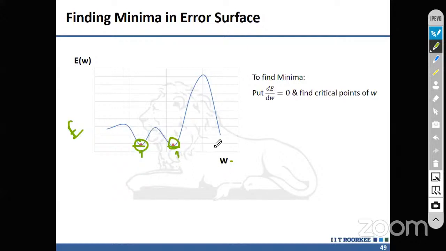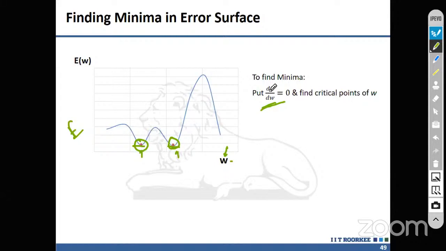So we have to make this del E del W zero. If we can get this using the equation, then we will know what value will be coming for W, and that is the weight.